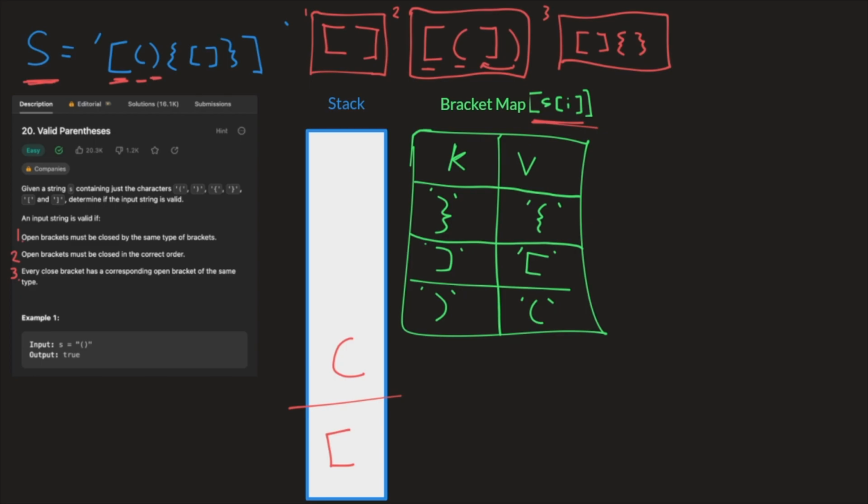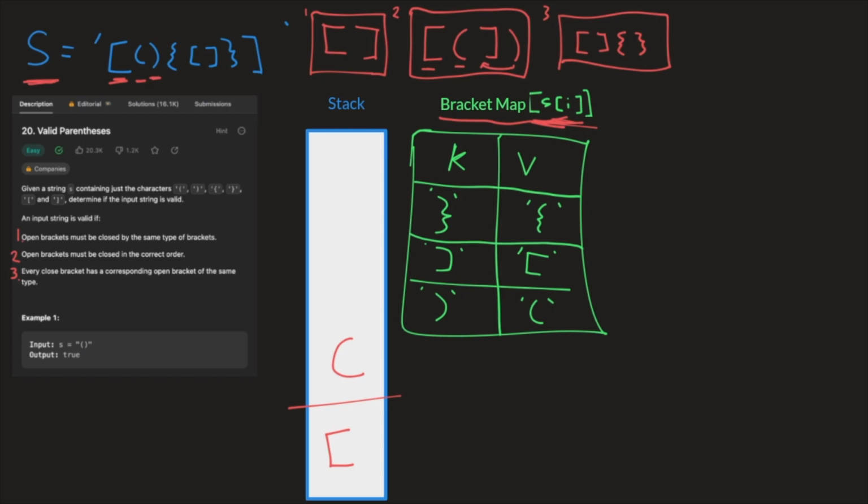Hey, bracket map, do you have this closing parentheses in your key store, in your key column? Yes. And so this whole bracket map expression is going to return the value of that key that we passed in. And the value is an opening parentheses, right?